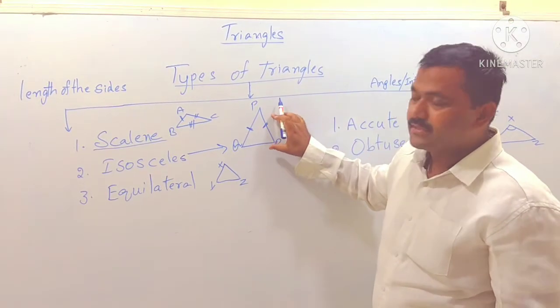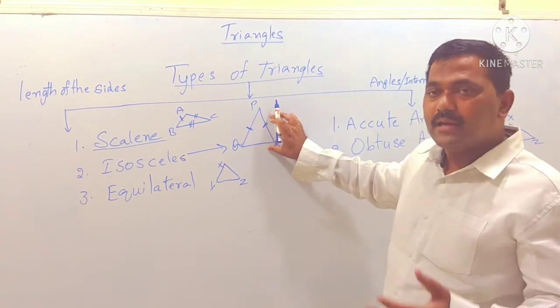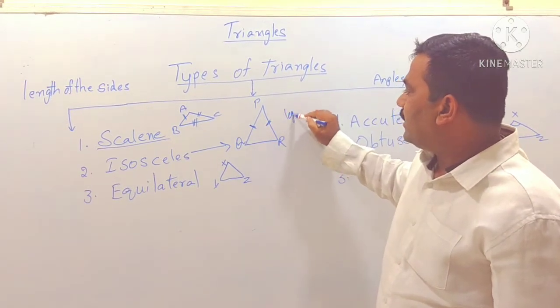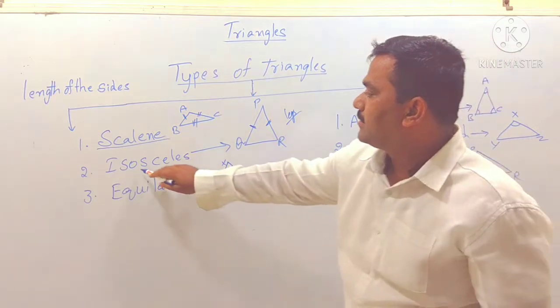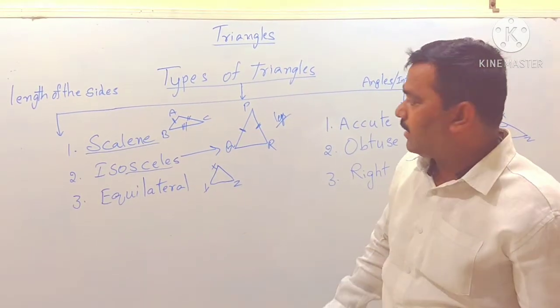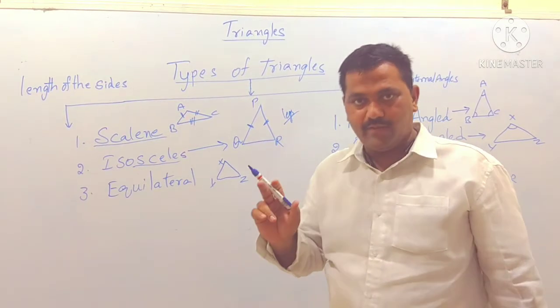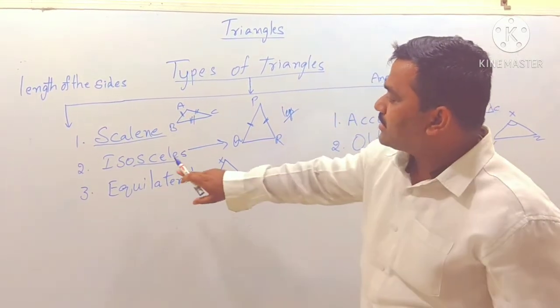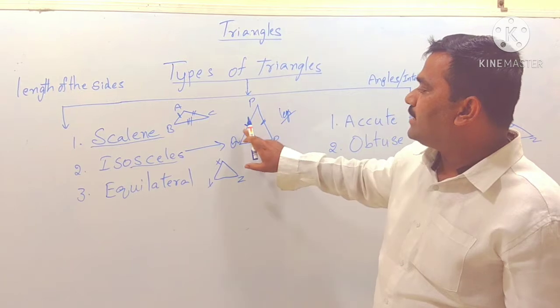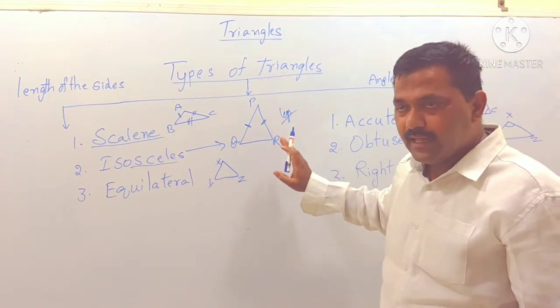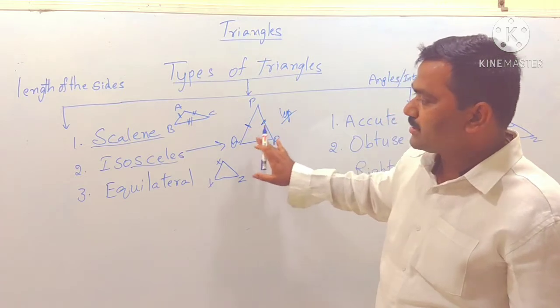Here, "celes" means leg in the Latin language. In our body two legs are equal. Like isosceles, only two sides are equal and the other side has a different length.